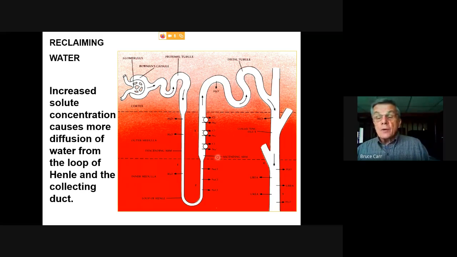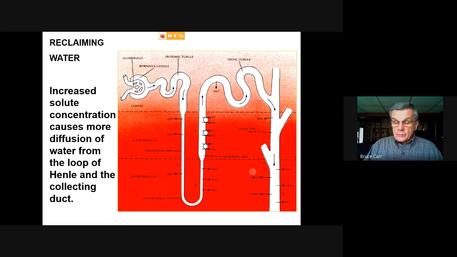Notice that it's not just sodium and chloride, but down here, one of the molecules you have available in great abundance is urea. And so it can be used to increase the osmotic gradient.